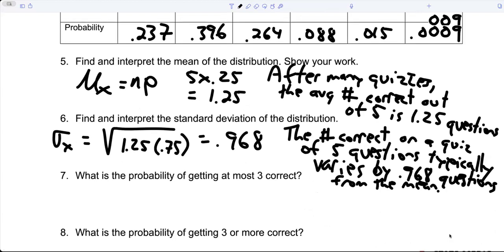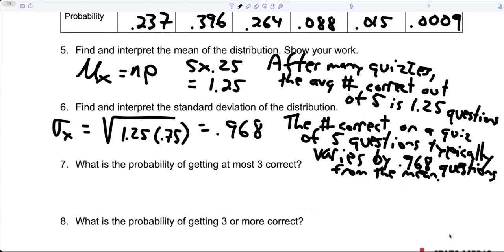Okay, and so we're going to look at one more thing here. It says, what is the probability of getting at most 3 correct? So we want the probability that X is less than or equal to 3. At most 3. So 0, 1, 2, or 3.